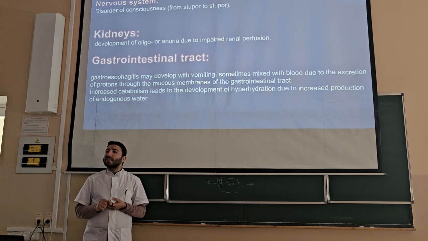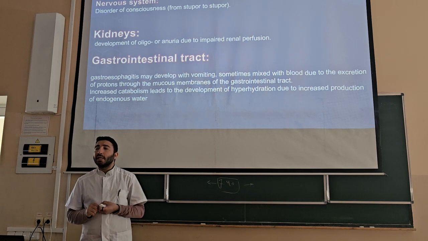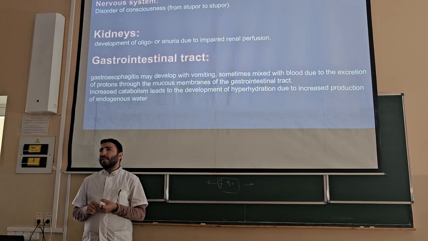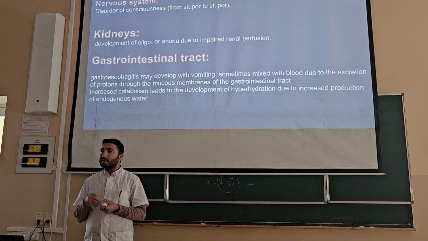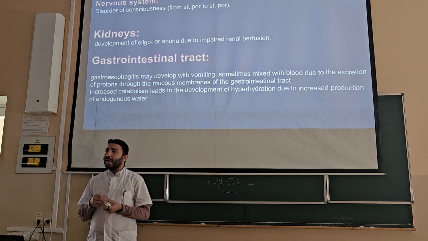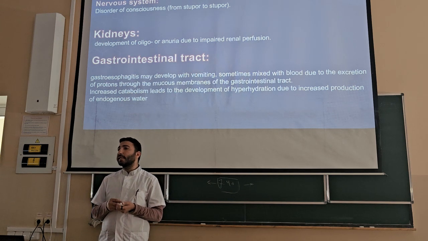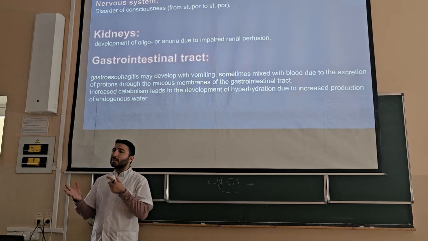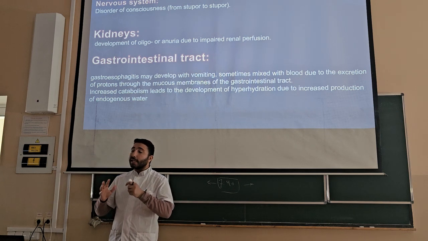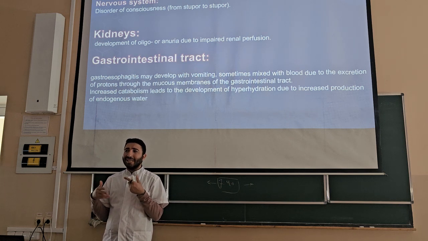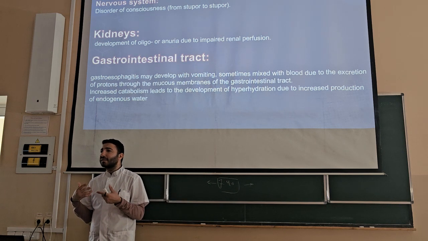From nervous system disorders, it starts with depression of the central nervous system, and pre-coma can appear, such as the stupor level. In the stupor level, it's not totally coma, but the patient cannot give any reactions.